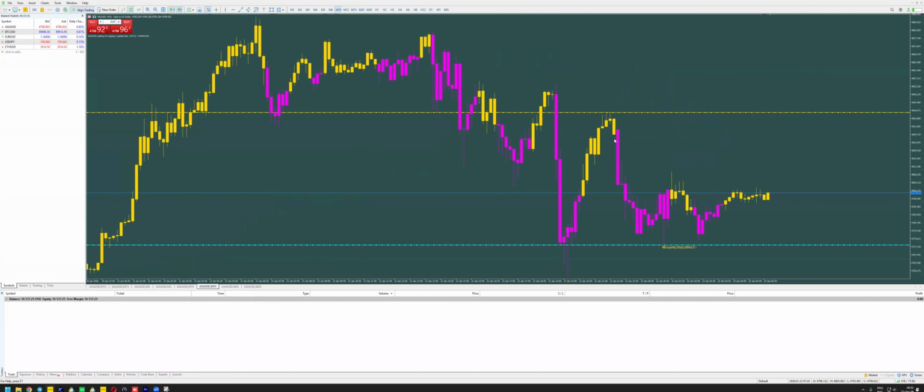So already the system has drawn the target, and it will set the TP there automatically. So it is not somewhere where you think maybe you can set your TP. I think this is the high. No, you don't guess. The system does everything and it will set the TP at that point.